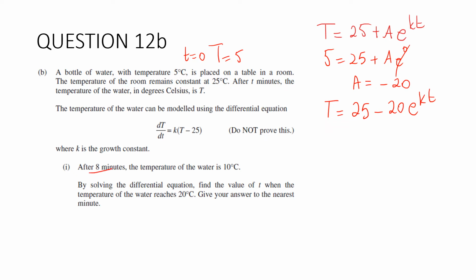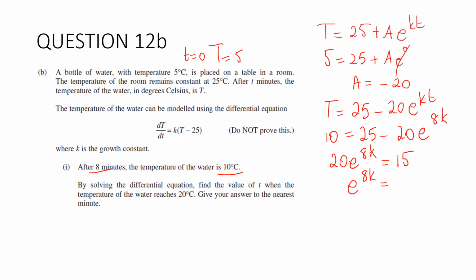After 8 minutes, the temperature is 10 degrees. So 10 is equal to 25 take away 20 e to the 8k. 20 e to the 8k is equal to 15. E to the 8k is equal to 15 on 20, which is 3/4. 8k is equal to ln of 3/4.